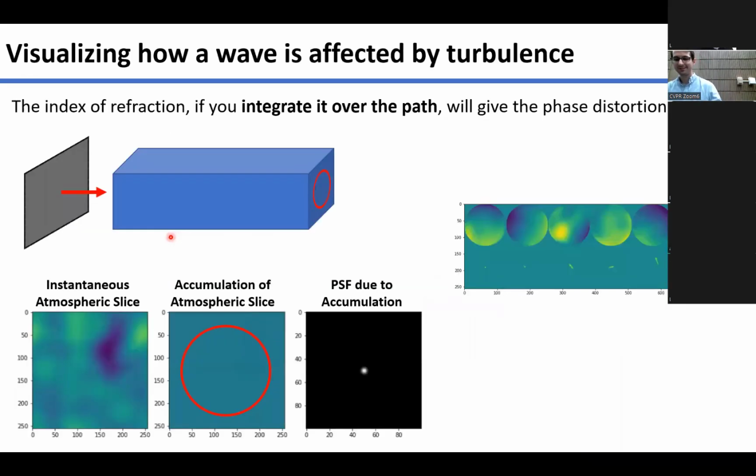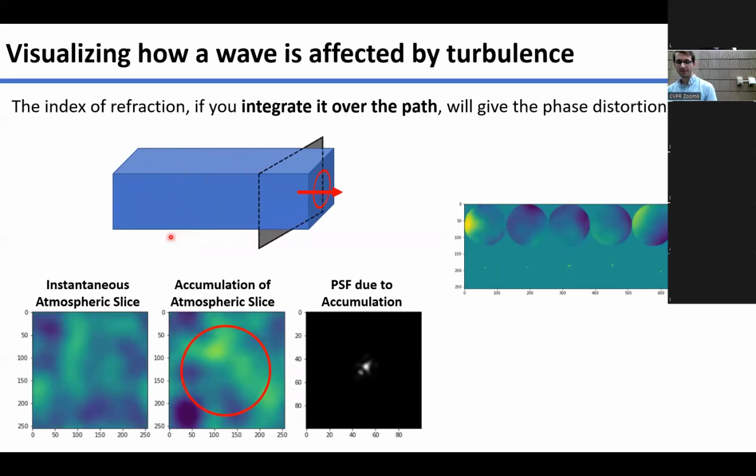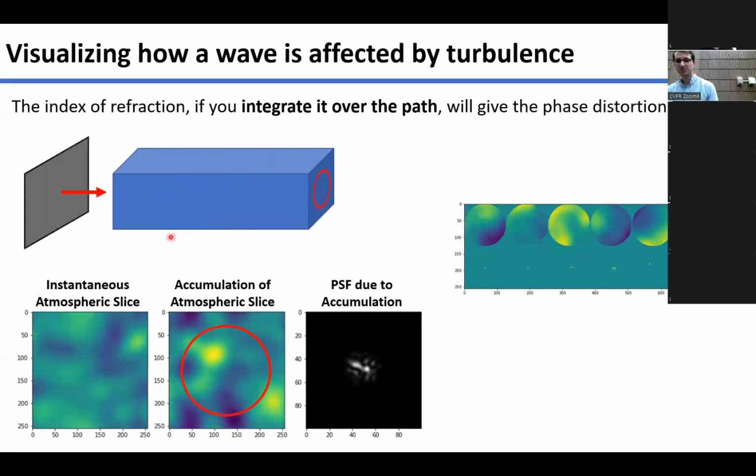So now let me show you how a wave would be affected by turbulence. Let's say I have a plane wave on the left. It's going to be moving to the right, and then it's going to get dented up by the atmosphere. I can go back and forth through this animation a couple times. At each slice, there's going to be an instantaneous atmospheric slice, which is the little video in the bottom right. Each slice is going to have an almost unique slice.